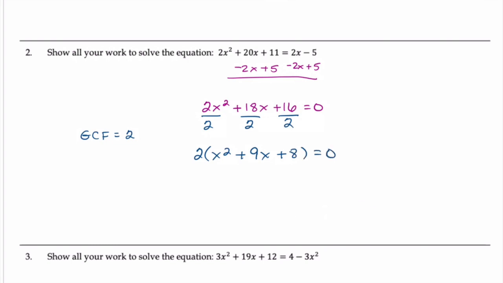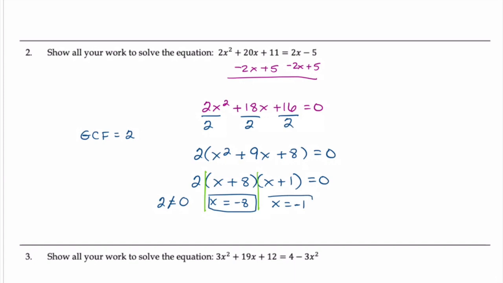Factor that trinomial. And I am going to use my zero product property to split this up. Set each equal to 0. So our answers here are -8 and -1.